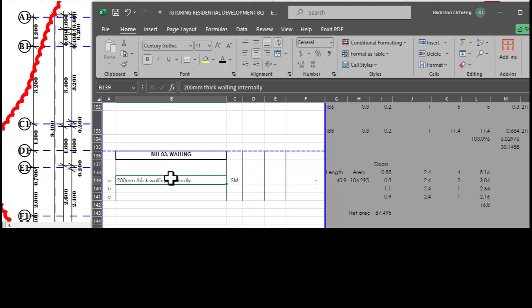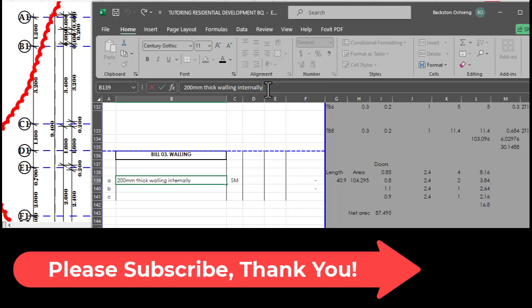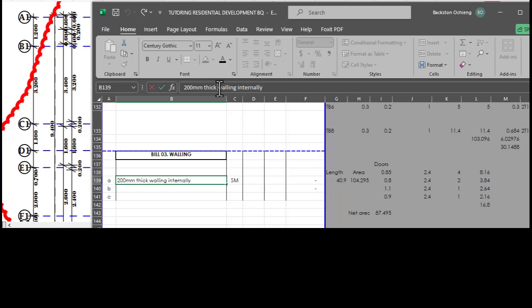All right, so let's finish up on the description for the internal wall, and then we'll be good with that part. Okay, so this is 200 millimeter thick walling internally. Of course, your description should be comprehensive enough, stating the material and how it's jointed.